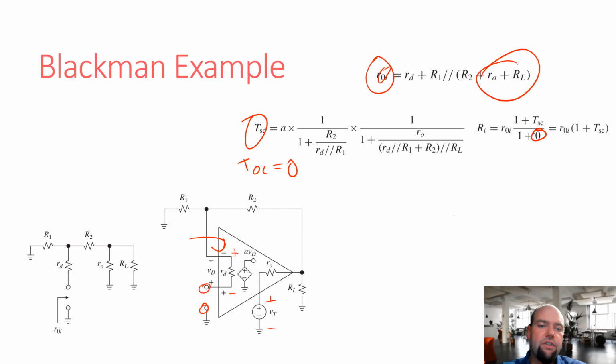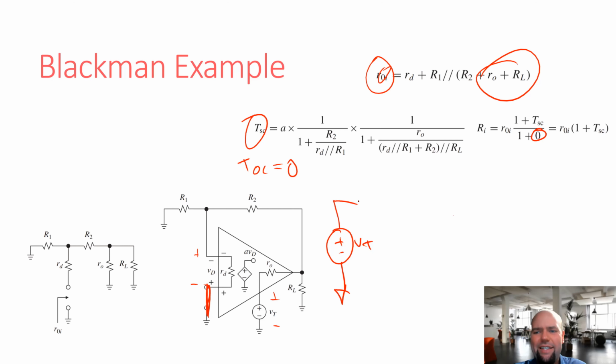What about the short circuit return ratio? We're going to short that terminal. Now, if we're trying to represent the negative of this voltage here as a function of this voltage here, what's our circuit now? We have our test voltage.